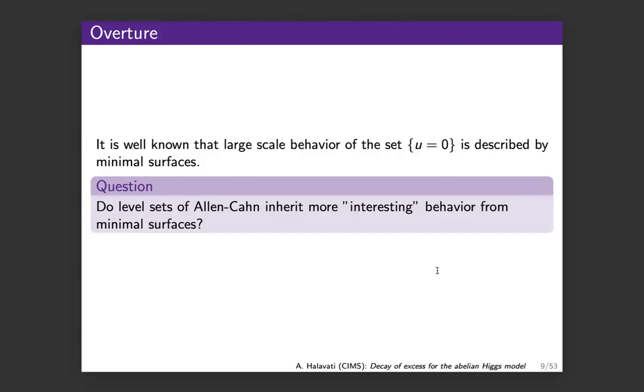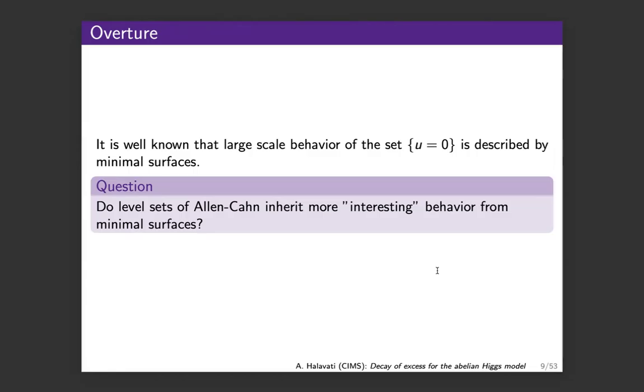So then you can start asking the question, do these level sets actually inherit anything more from minimal surfaces? And what do we want them to inherit? You can choose your favorite type of property, but here we want rigidity. Okay. So let me give you examples of rigidity in minimal surfaces.